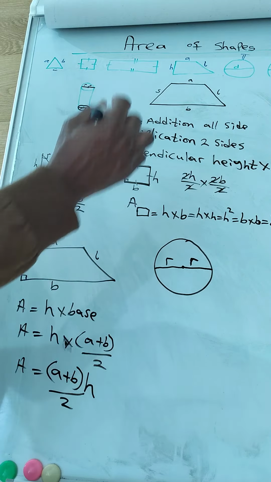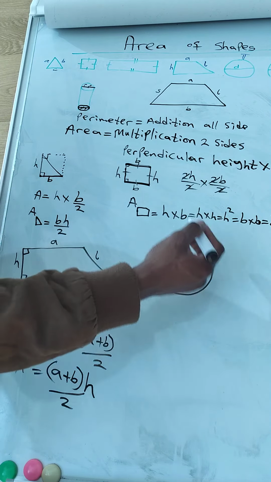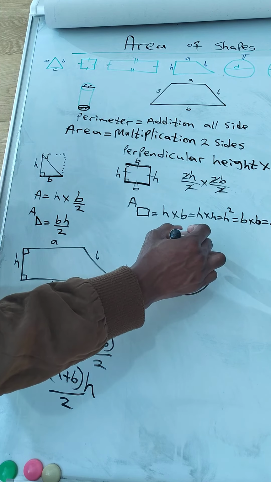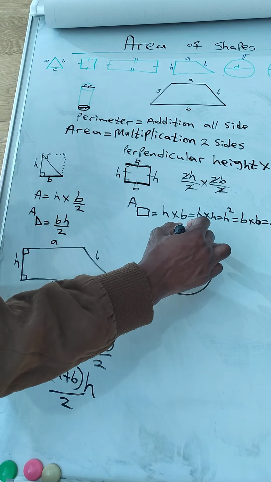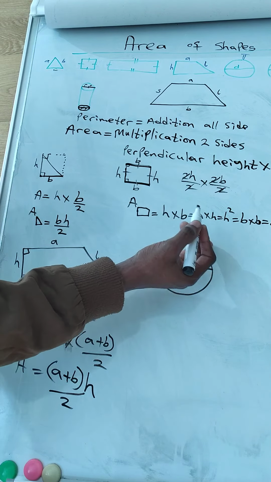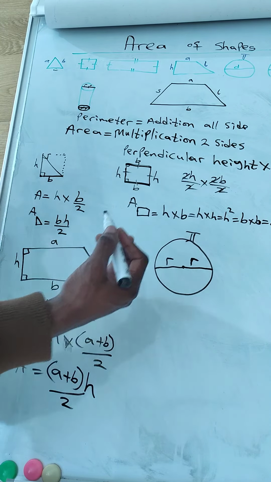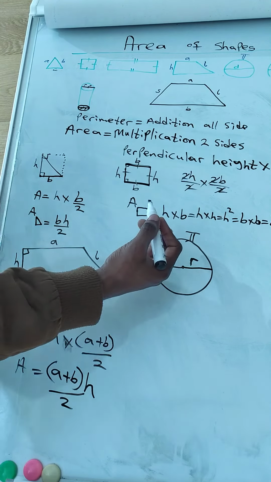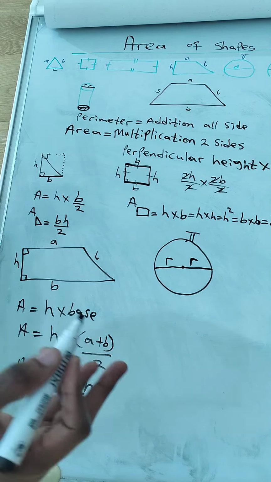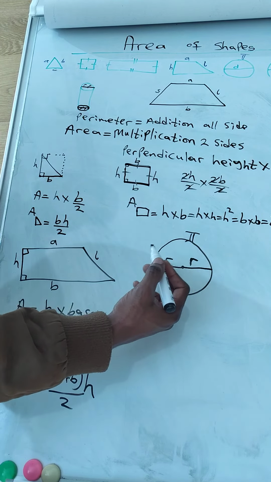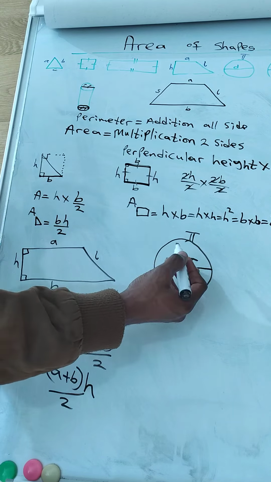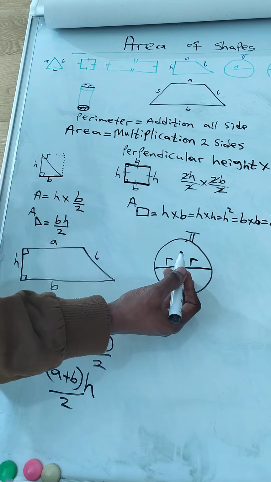This is a circle. In my first video on shape, which is perimeter, I made emphasis on pi. Anything that has a curve, this curve symbolizes pi. Now, looking at what we have here for this circle, we have just R and R. We don't have any other side.